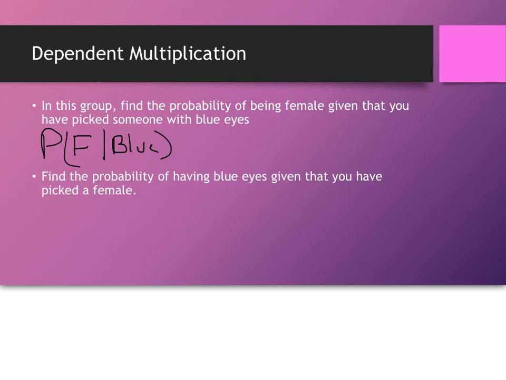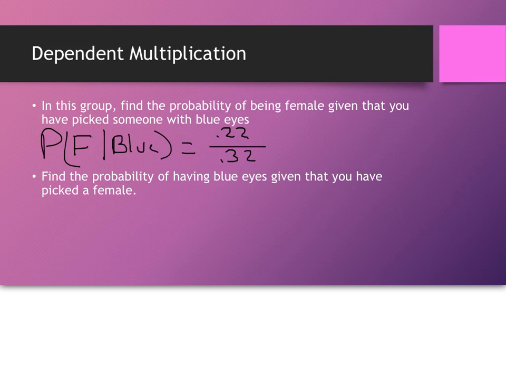So out of the blue-eyed group, what's the probability of being female? Alright, so this again is out of 0.32. And because we're given blue eyes, female and blue eyes, well, the probability of getting female and blue eyes was 0.22.